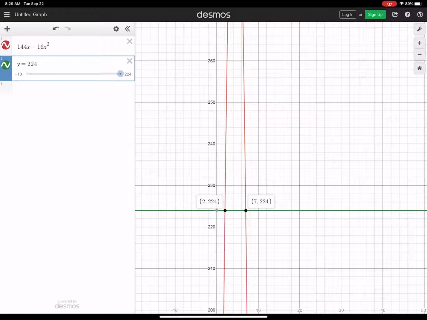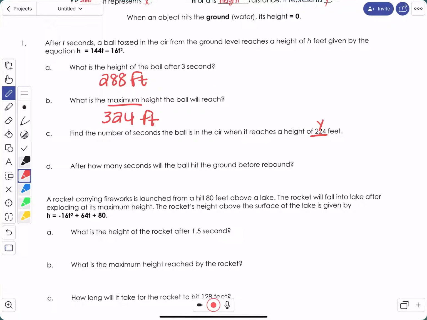So when it first reaches a height of 224, we would put 2 seconds. It doesn't just say when is it 224 feet, okay? So when it reaches, the way that it's worded, the ball is going up in the air, so we would say 2 seconds.